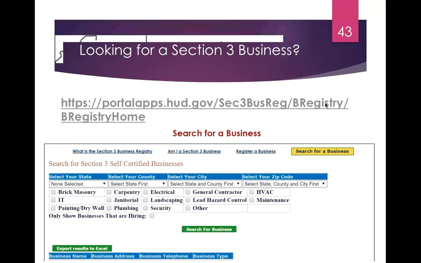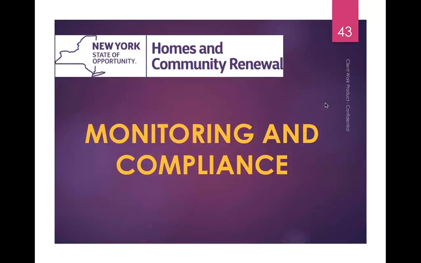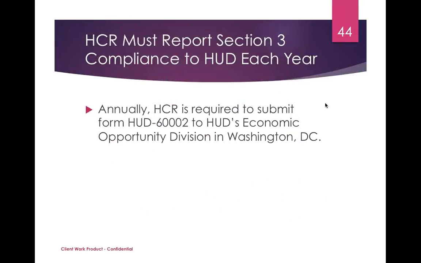Monitoring and compliance. HCR must report Section 3 compliance to HUD each year. Annually, HCR is required to submit Form HUD 60002 to HUD's Economic Opportunity Division in Washington, D.C. This is the HCR Section 3 Summary Report to HUD.